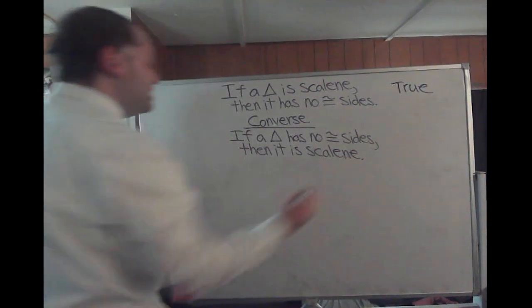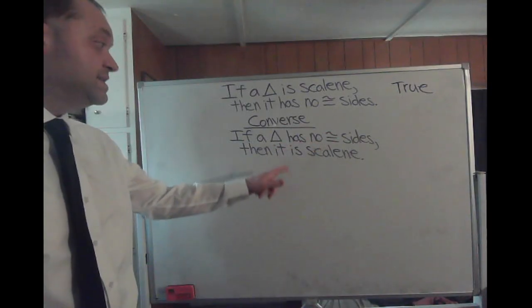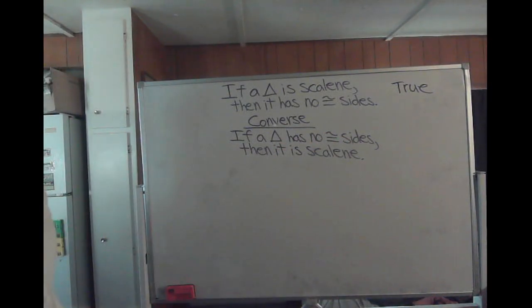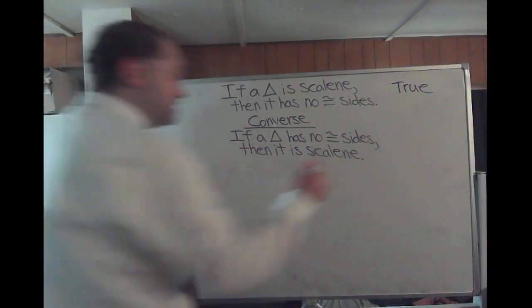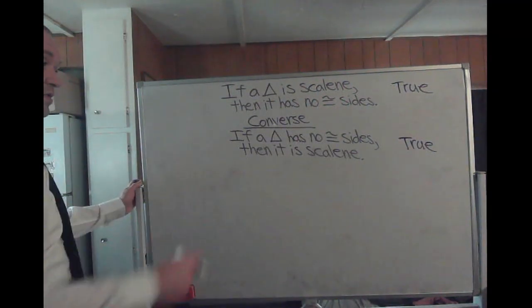So let's look at the converse statement. If a triangle has no congruent sides, then it is scalene. That's also true based on the definition of a scalene triangle. So in this case, the original and the converse are true.